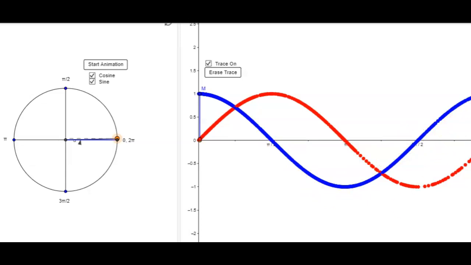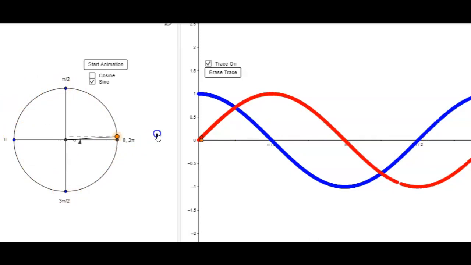Sine and cosine are actually the exact same shaped graph. They have the exact same shape. Notice it's a wave. And in fact, they continue. If you continue on, it goes around and around and around, and it can just keep going.